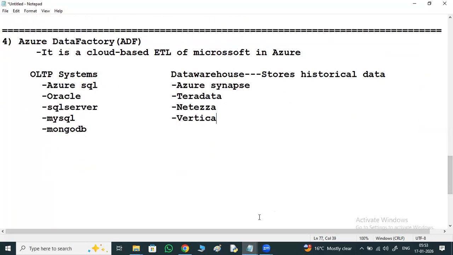So ADF doesn't come in OLTP and ADF doesn't come in data warehouse.